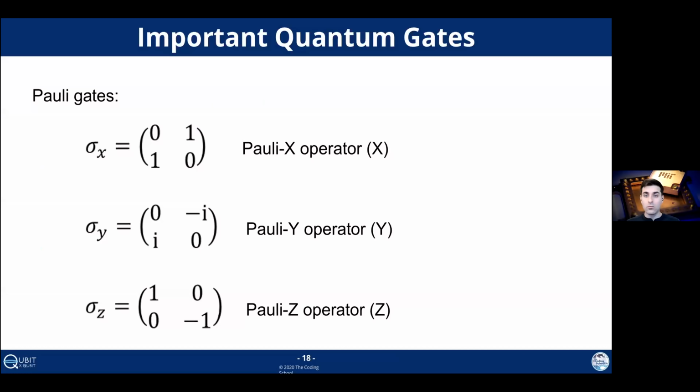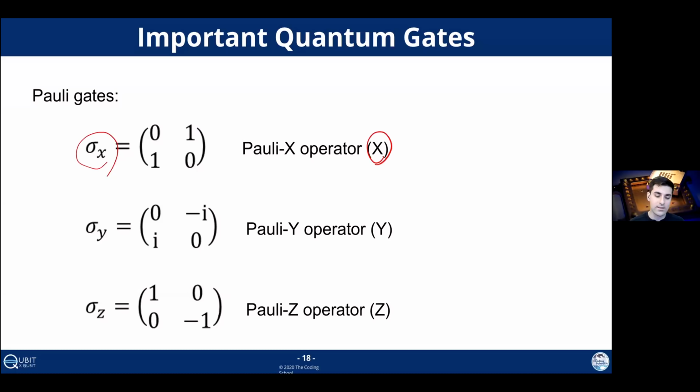Some important quantum gates that we've discussed so far are the Pauli gates, or the Pauli matrices. That's sigma x here, which is 0, 1, 1, 0. We call that the Pauli X operator. A lot of the time, we go back and forth between showing it as sigma x or as just an X, like what we have here.